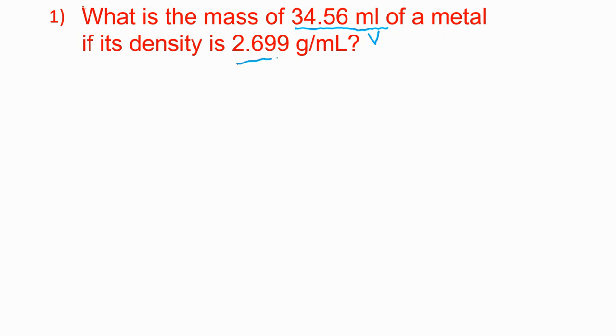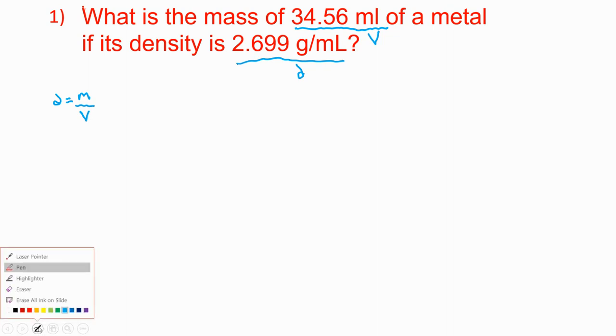I need to recognize that that is a density. We're being asked to find mass. Well, if density is equal to mass over volume, I can use my triangle or just some simple algebra to see that if I want to calculate the mass in this particular case, I need to isolate that variable.